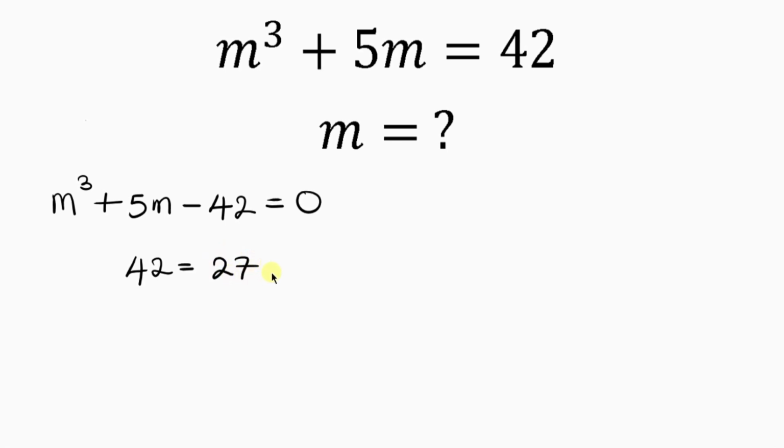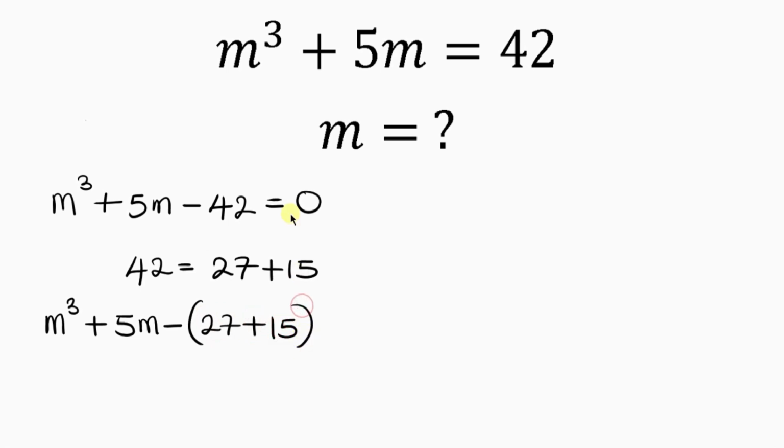And when I add 15 to 27, it gives 42. So I'm going to be writing this in place of 42. So this will be m cubed plus 5m minus 42. I'm writing 27 plus 15. Very good. And this is equal to 0.